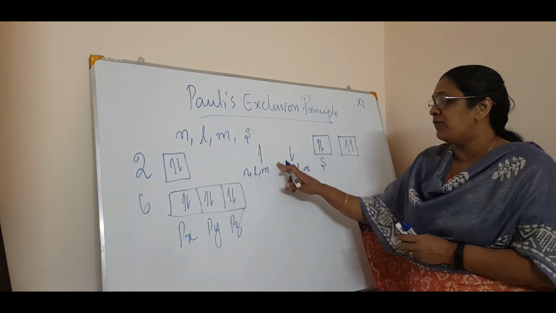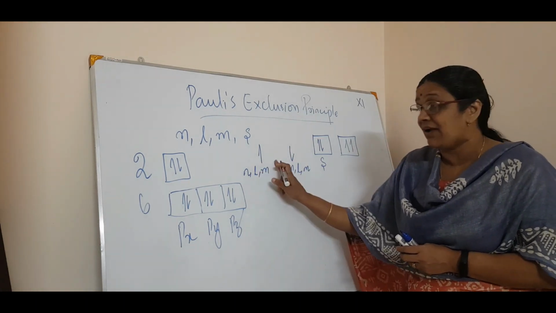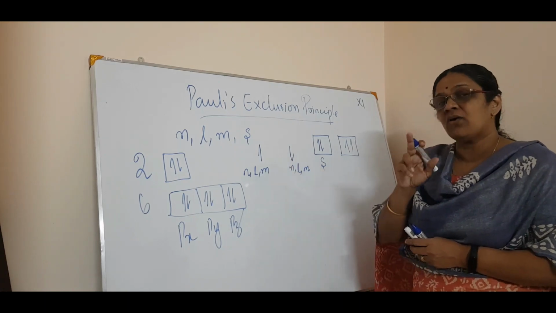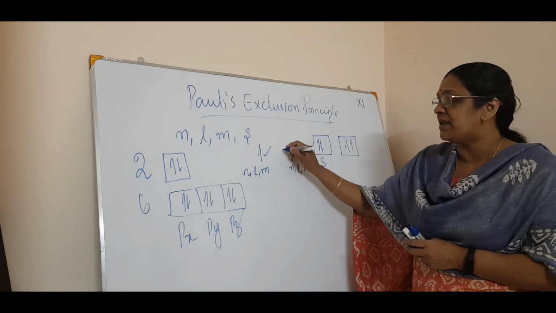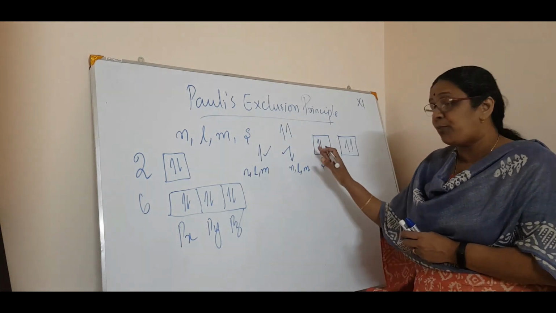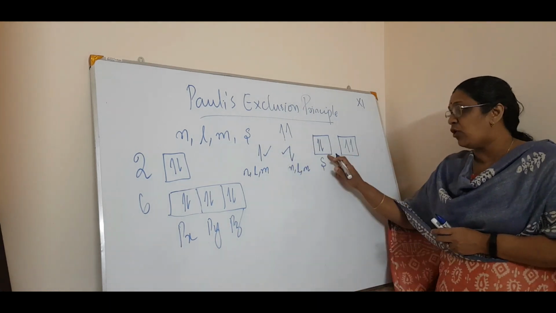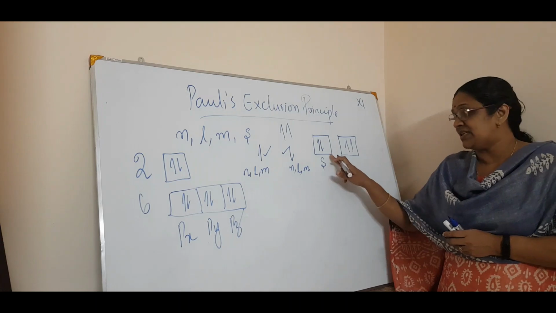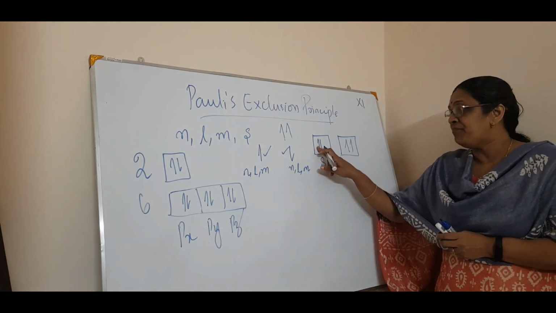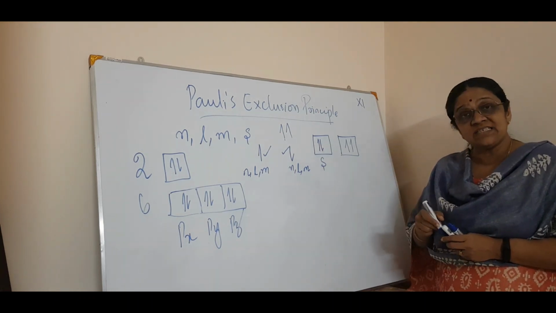That means if both electrons have the same numbers, they can have 3 quantum numbers the same, but they must have 1 quantum number different, and that is the spin. You cannot put 2 electrons with the same spin in one orbital. That means if you want 2 electrons in a single orbital, it must be one in the plus direction and the other in the minus direction.